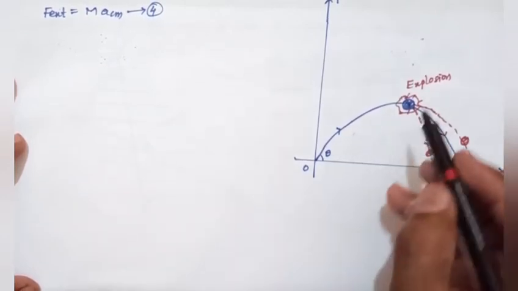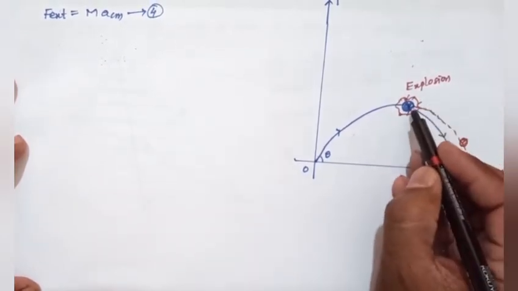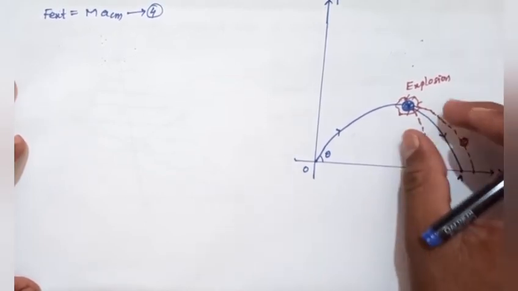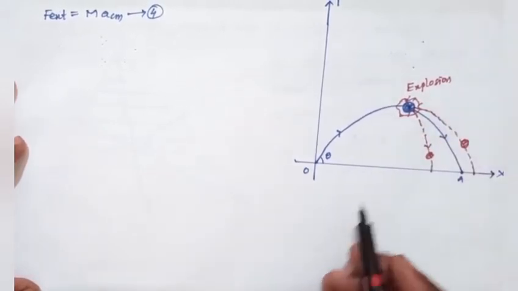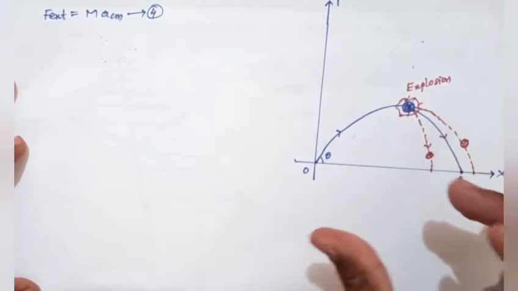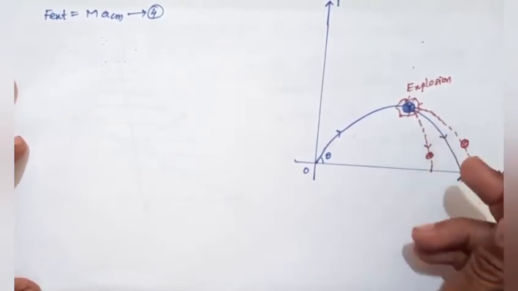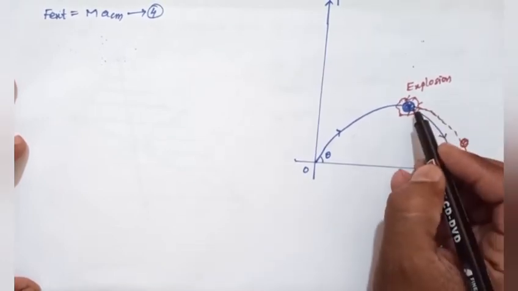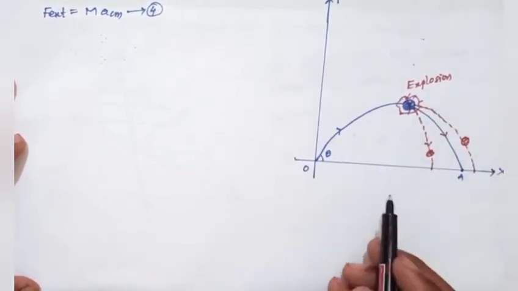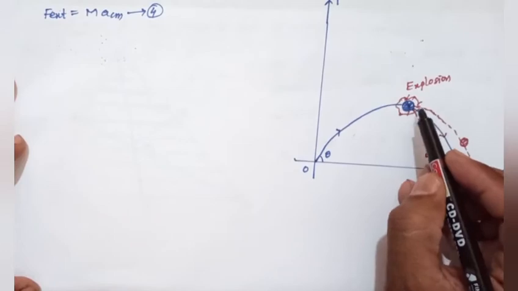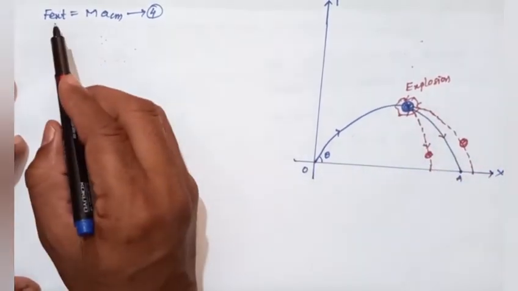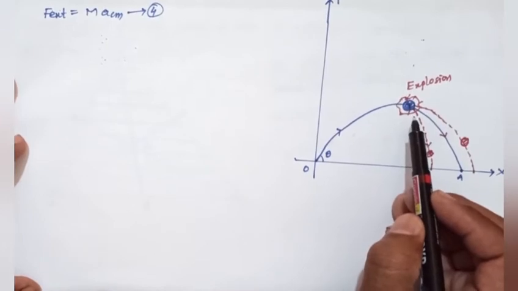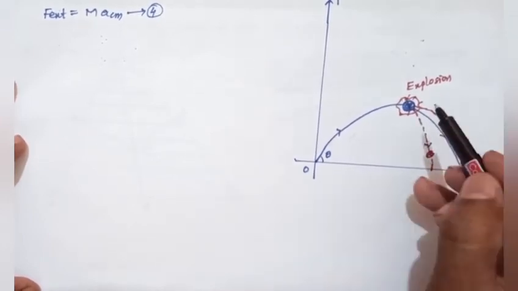So when the bomb explodes here and disintegrates, it breaks into fragments, two particles. The external force is zero. There is no external force on the bomb, only internal force.